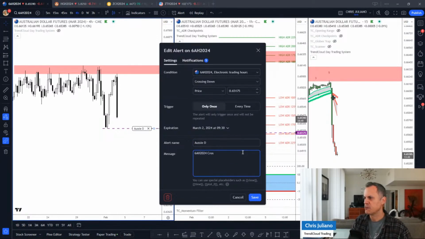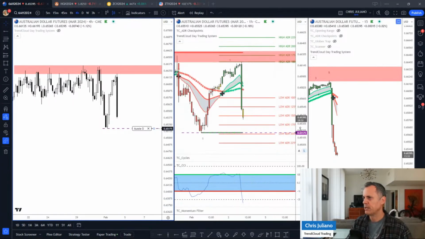And our message will be broke structure. That's what we're waiting for. We're waiting for that break of structure. Aussie D.